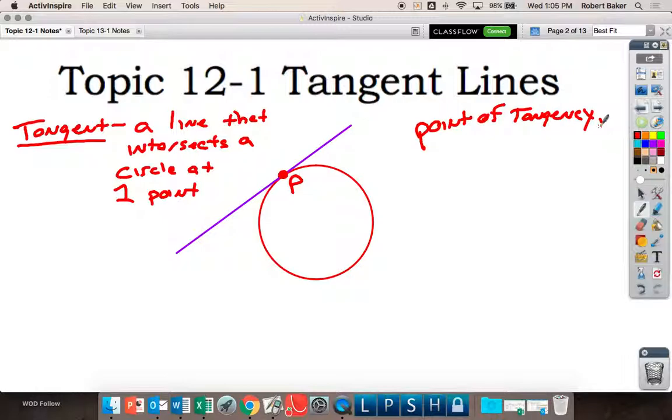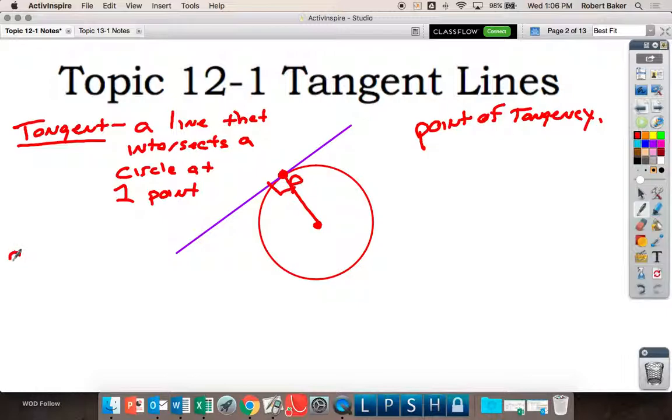Tangent has two main properties. You ready? Property number one. I'm just going to draw it. There's the center of my circle. What do you call a line that goes to the outside of the circle? A radius. So property number one, a radius always meets a tangent at 90 degrees.